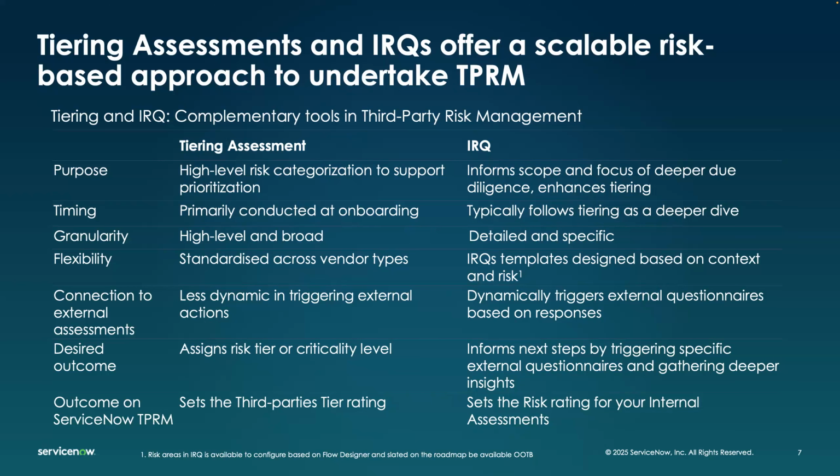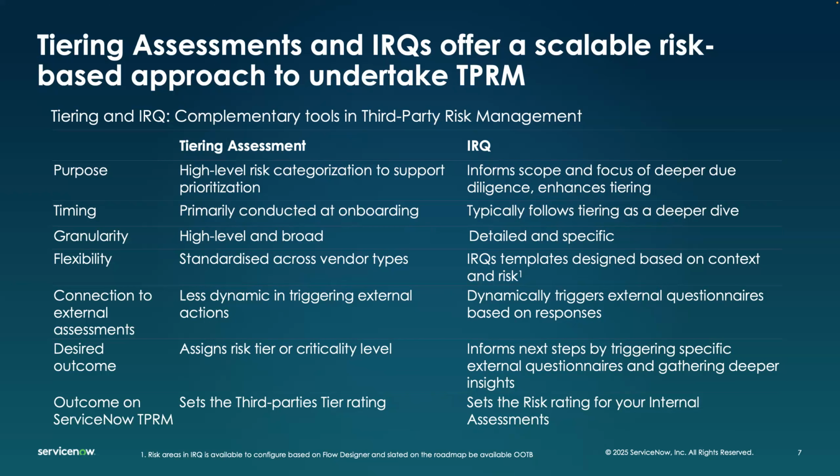Now the table outlines some of the key features each process carries, right? So as we know, tiering is the initial broad categorization of risk at the time of onboarding, resulting in the risk tiering assignments. It's typically standardized and has less dynamic control over subsequent actions.